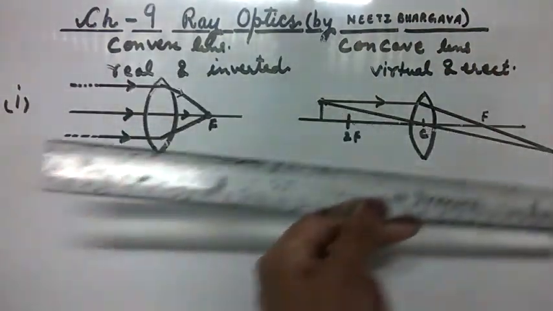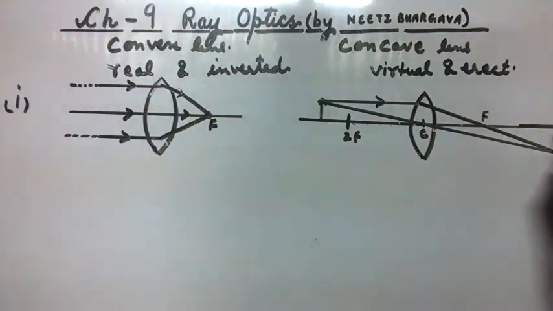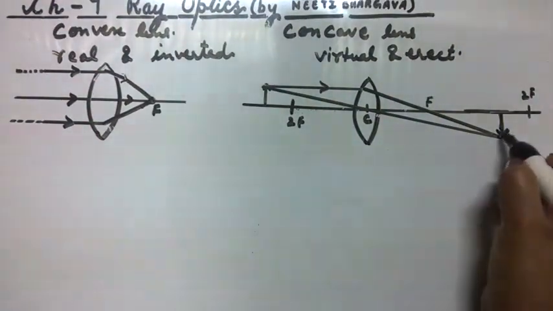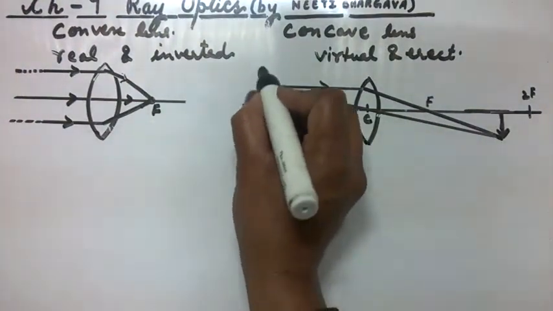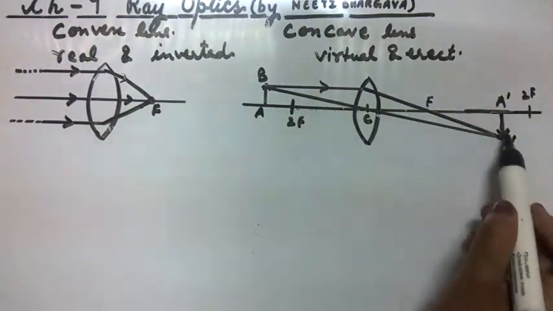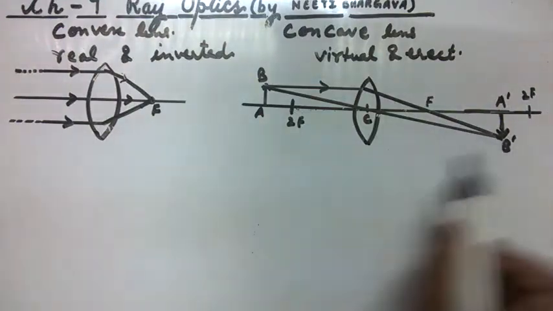So the image formed is real and inverted. It is AB, so A dash B dash, real and inverted between f and 2f, and it is a diminished image.